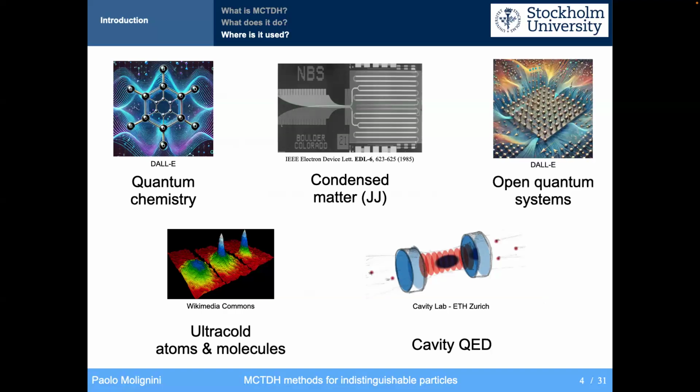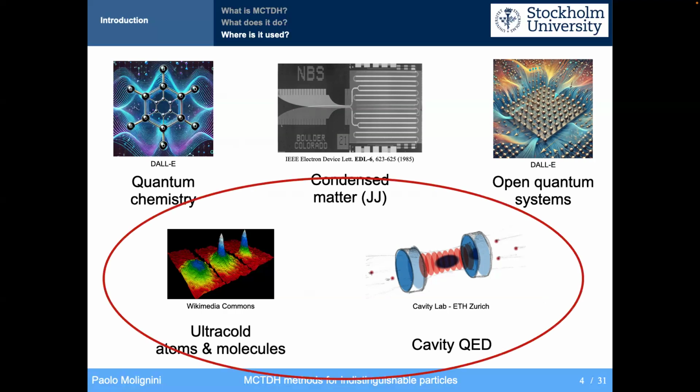And then there are also uses in open quantum systems, in particular the multi-layer version of MCTDH, which we will not really discuss in detail today. I would just give you a glimpse of it, but that's where it's quite powerful. And today we will mainly focus on the lower two fields.